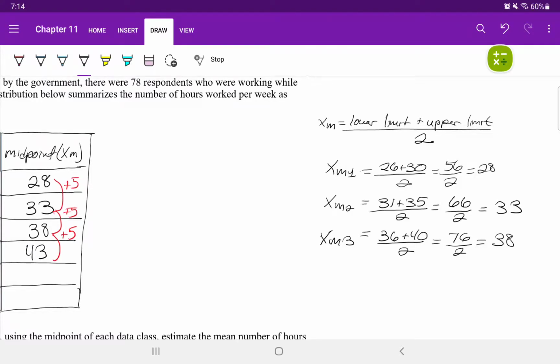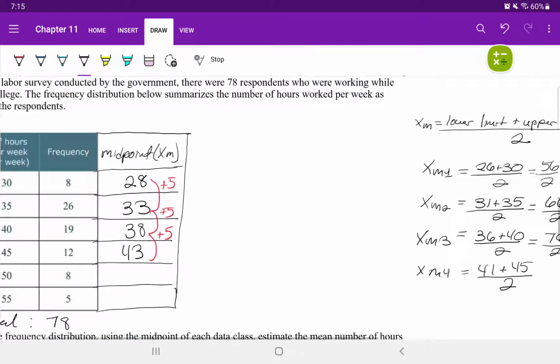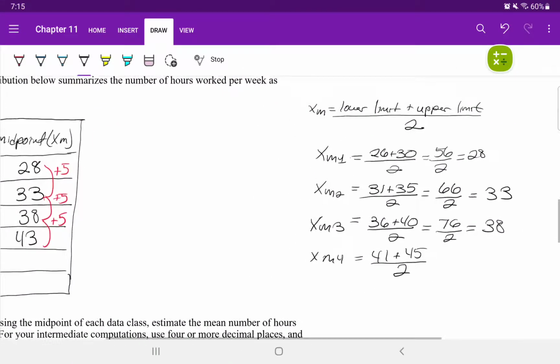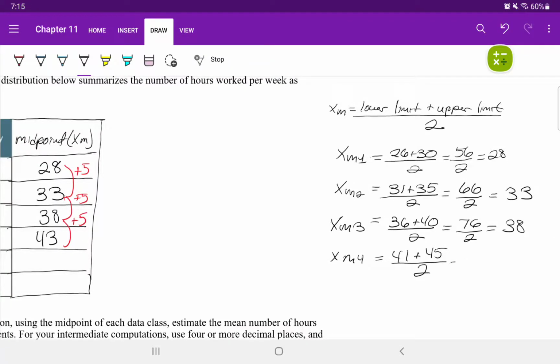And if I was to prove that, the fourth midpoint, that's the class of 41 plus 45 divided by 2. 41 to 45. 86 divided by 2 is 43. So we know that works.